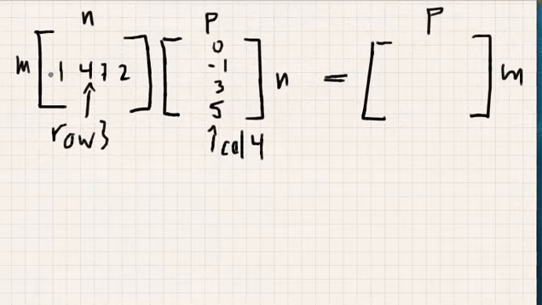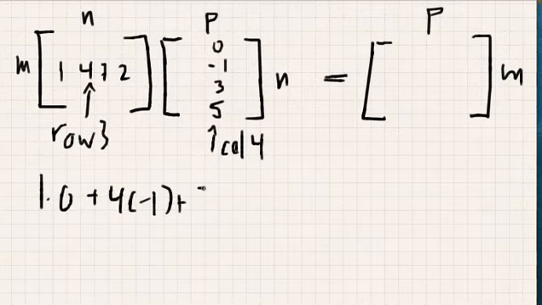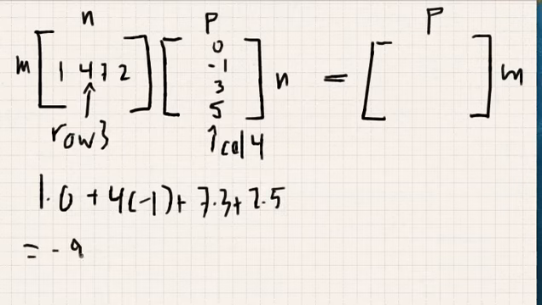Then the result here: 1 times 0, plus 4 times minus 1, plus 7 times 3, plus 2 times 5. That's negative 4 plus 21, plus 10. It's supposed to be a 4 and not a 9. So that's 17 plus 10, so that's 27.